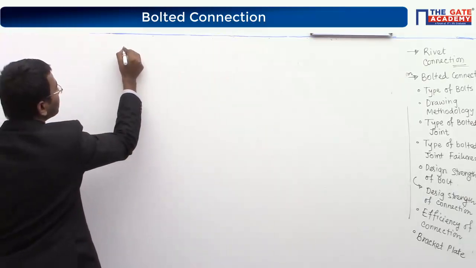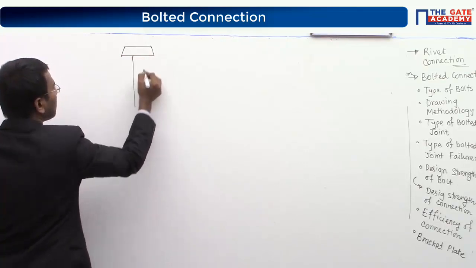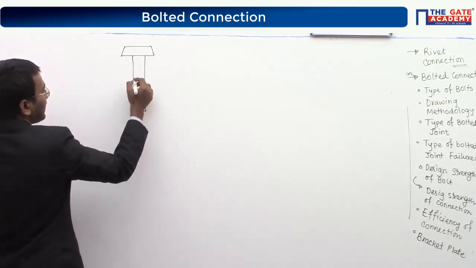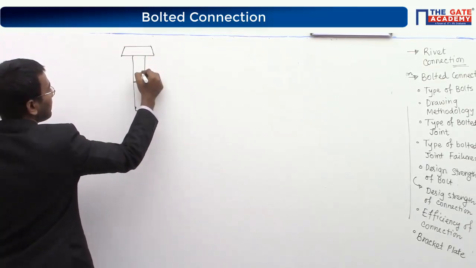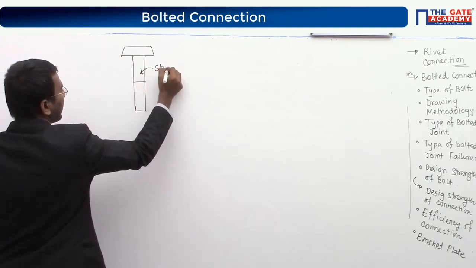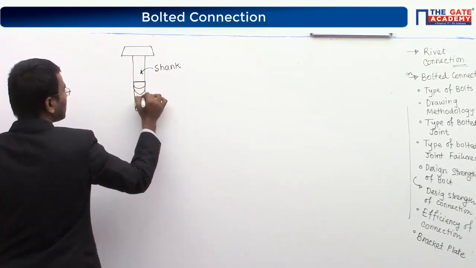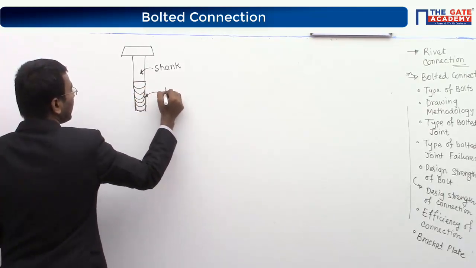Now see, if I talk about a bolt, again the basic difference of bolt and rivet is in this portion. This bolt is actually divided in 2 parts, one is your shank part and one is your thread part. This part I can say thread.